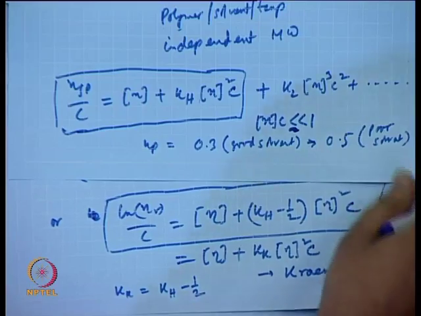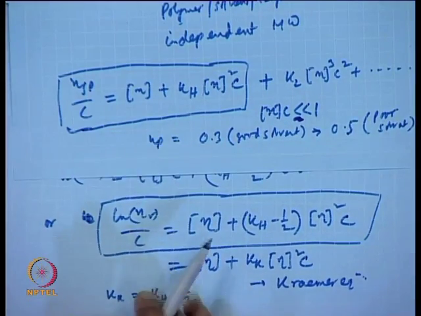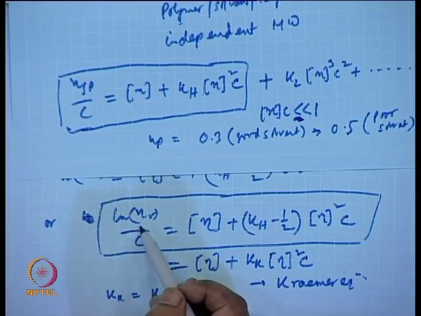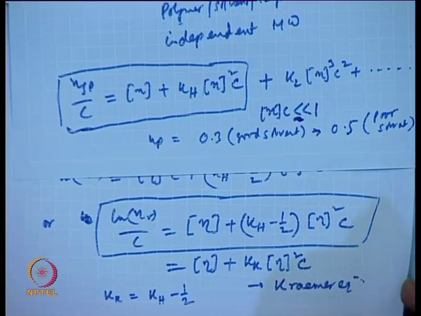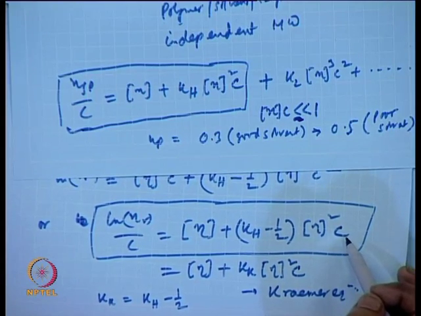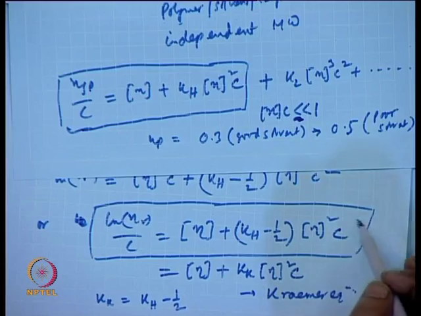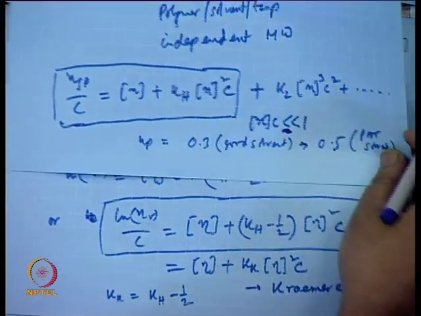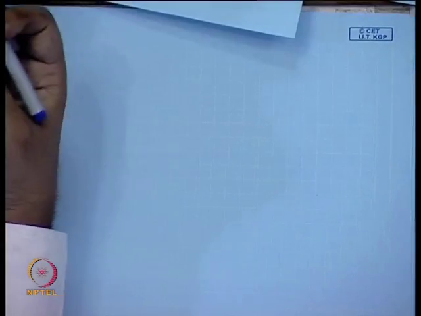So, now we have two expressions, Huggins equation and Cramer's equation. You can plot eta Sp by C, or this term, the inherent viscosity, with respect to C, and then from the slope and the intercept you can get the value of intrinsic viscosity.